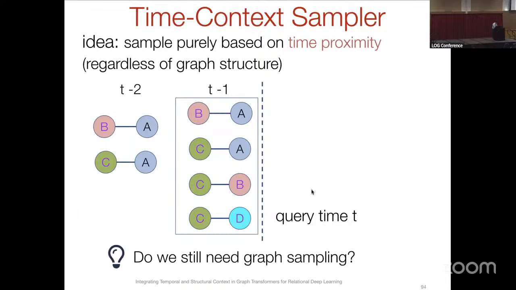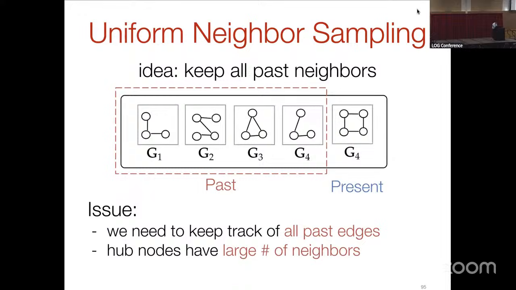And then you also have the graph-based sampling. So here you take a more dominant role from the graph point of view. So basically, for each of the nodes, you would start with something like a uniform sampling, where you want to keep track of all the past neighbors or edges, right?